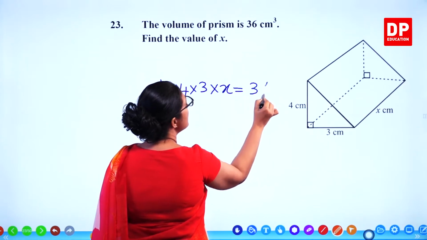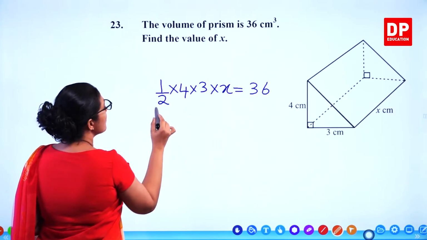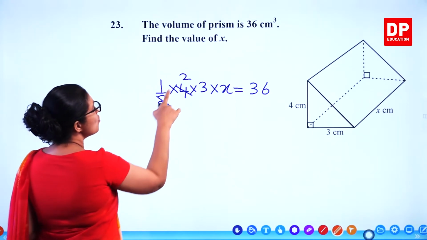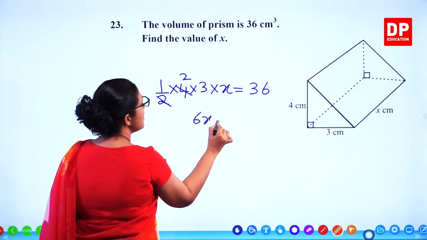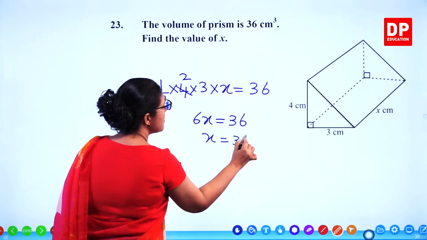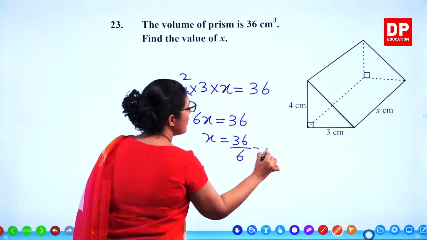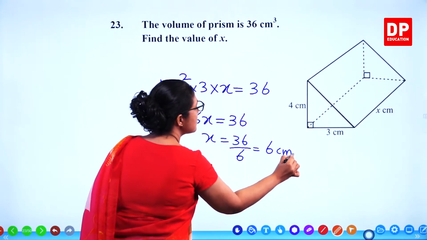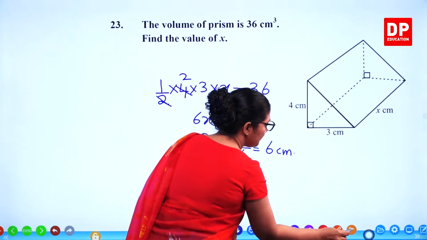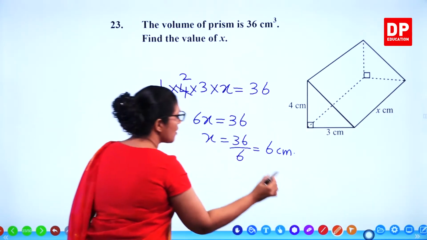That's equal to 36. So 2 and this one 4. You get 2. 2 times 3, 6x is equal to 36. So what is x? 36 divided by 6. You get 6 centimeters is the length of the prism. 2 marks.